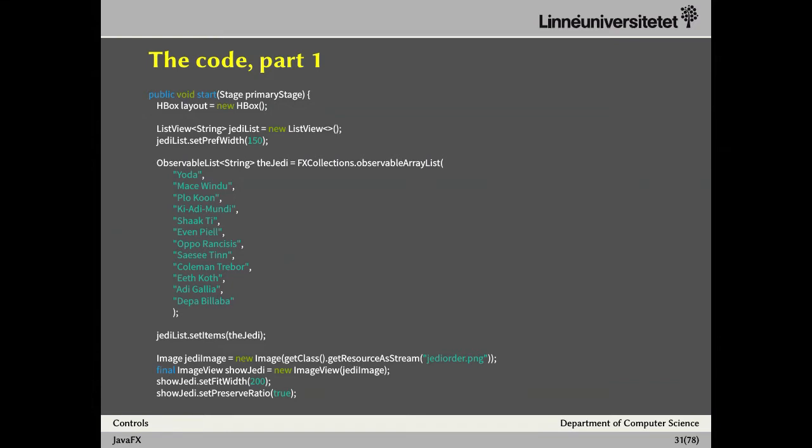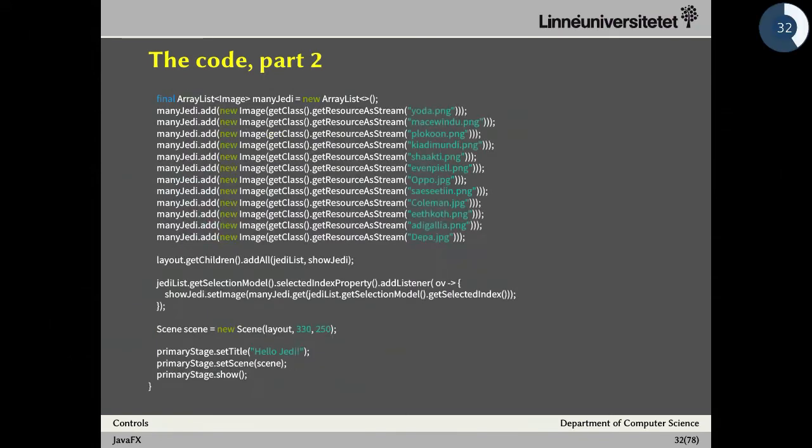And then, again, a number of different images are going to be shown. So I create, in this case, an array list of different Jedis in the council. And what I do near the bottom, where I have the Jedi list get selection model, I decide that I want to have a selection index property that I listen to.